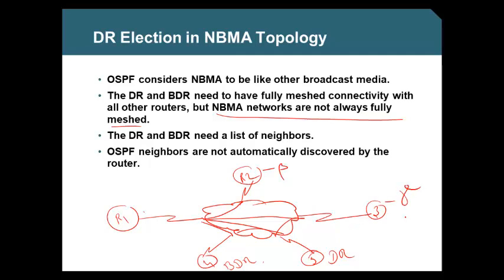Why? Because frame relay is costly. When we already have a connection with the hub, let's go by hub. So in the real world, no one is ready to have full mesh. Full mesh is costly.